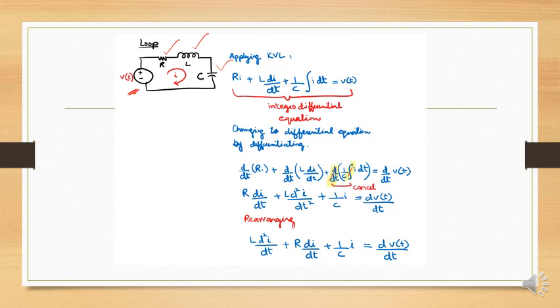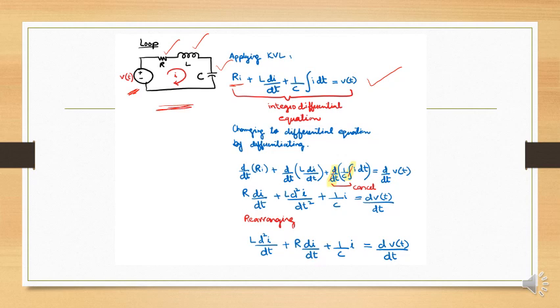Now first one is R. R should be multiplied with I of the circuit, this I, so that we can get the value of voltage drop across R1. Similarly, the inductor L into di over dt would give us the voltage drop across the inductor. Similarly, 1 over C integral I dt will give us the VC value, voltage drop across capacitor. This is our first equation, first KVL obtained for this circuit.